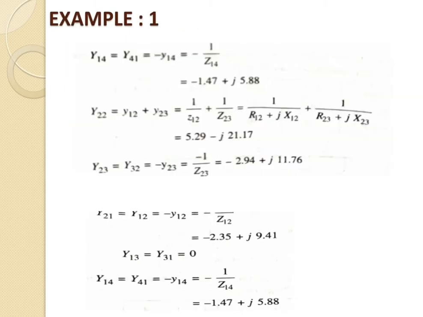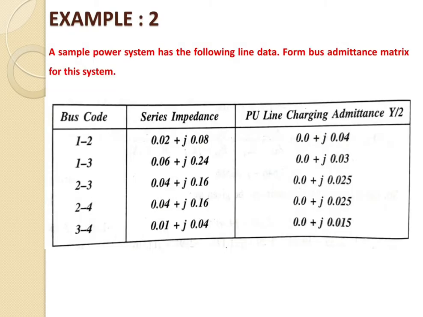In the last lecture we finished example number 1, in which we formulated the Ybus. Today I will start with example number 2, which is based on the Ybus admittance matrix. So let's start with example number 2.